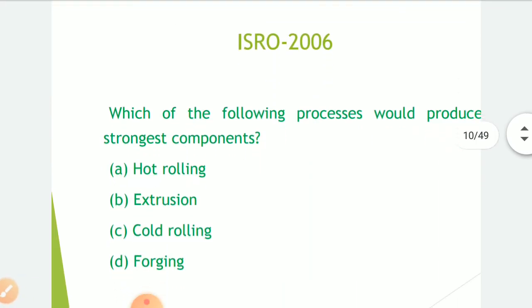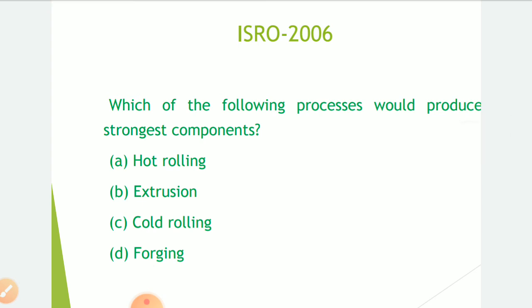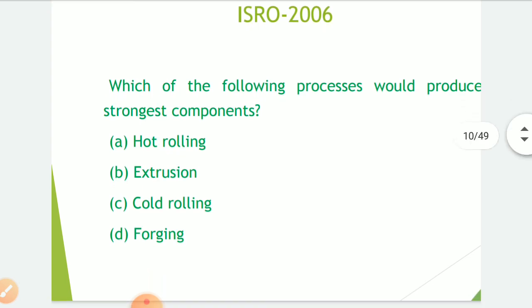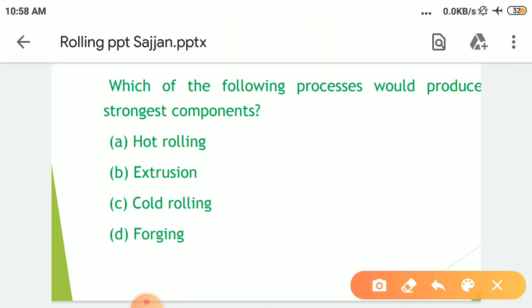Now look at this question. This is something slightly different from what we have studied till now. Which of the following processes would produce the strongest component? Let us leave this question here, because the answer of this question, if you want to remember, is forging.